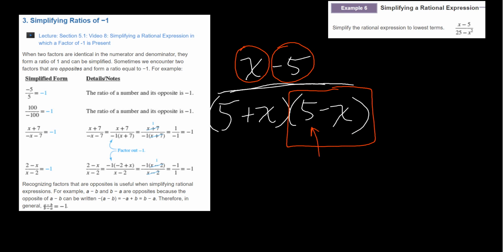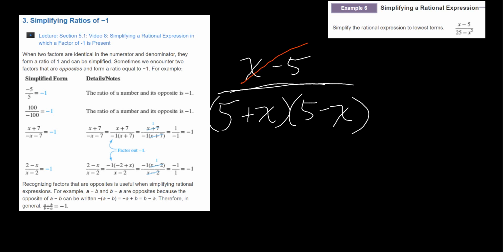So I can say this cancels with this and put a negative 1 out there. Or let's say this times a negative 1. Then it just becomes negative 1 times 1 over 5 plus x.